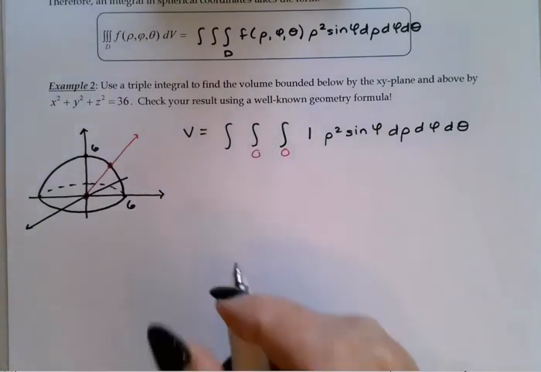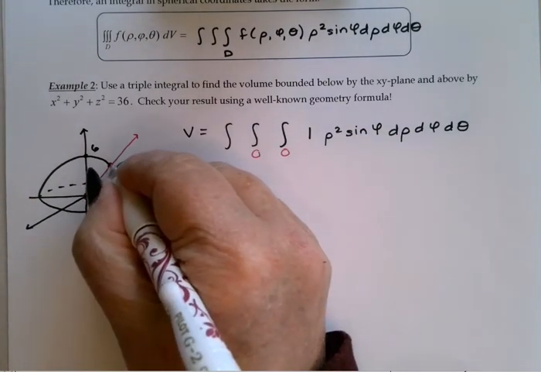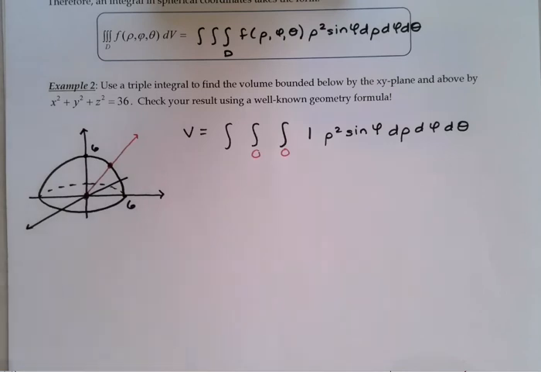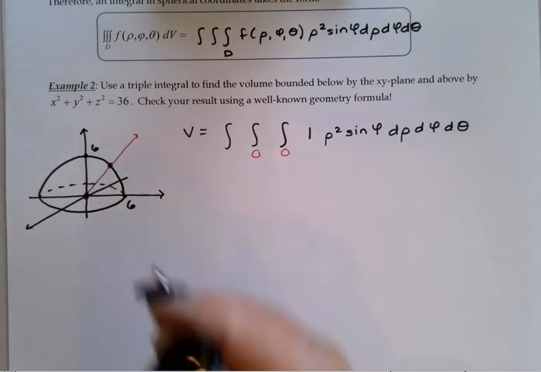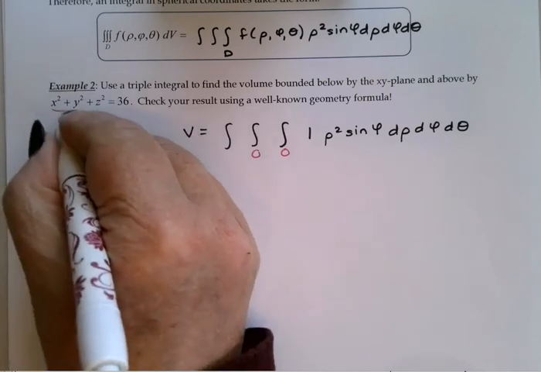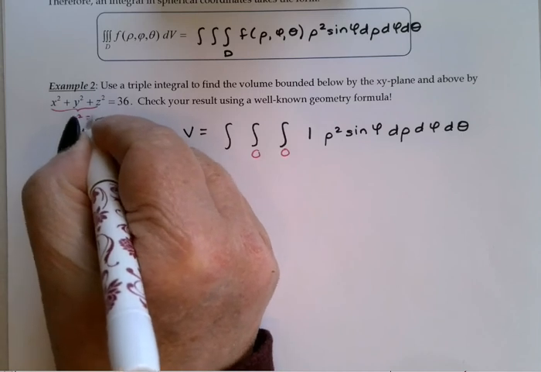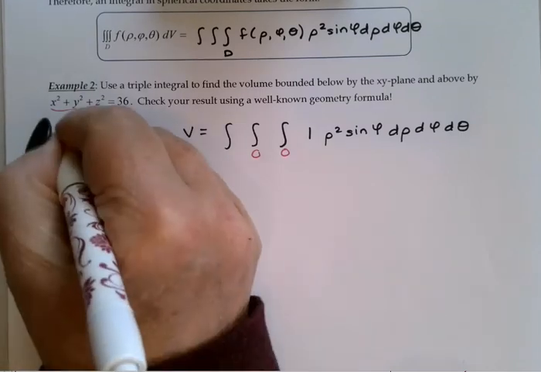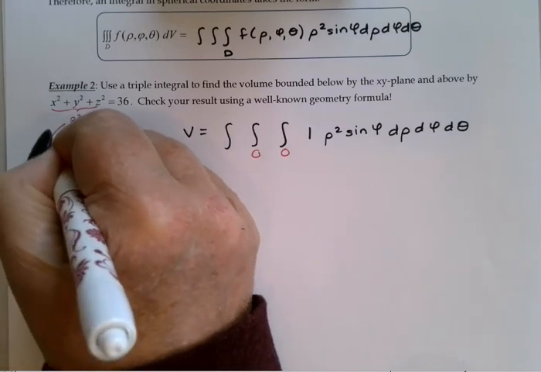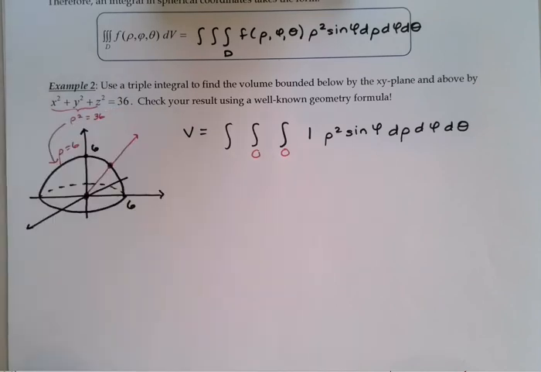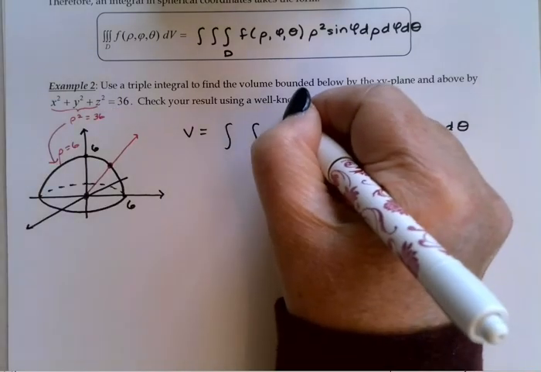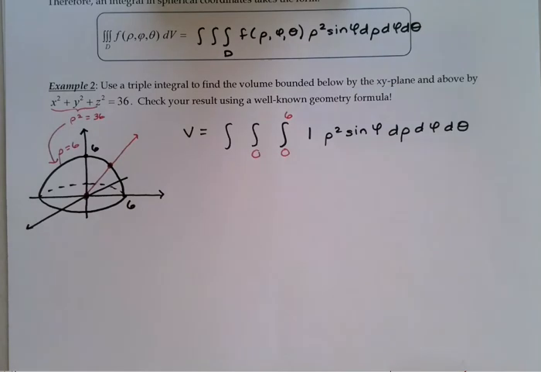I exit my object on the sphere, and since the sphere's equation is really rho squared equals 36, that means that rho equals 6 is the equation of that sphere and becomes my upper limit of integration.